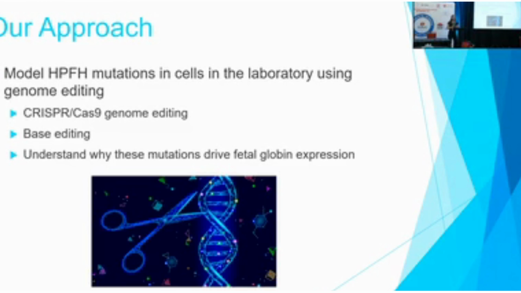We use CRISPR-Cas9 genome editing, which is a type of technology that we can use to make changes in the genome. We use base editing, which is an even newer technology that allows us to do similar types of things, so model mutations in the laboratory. We want to use this to understand why these mutations drive fetal haemoglobin expression, why they cause this reactivation of fetal haemoglobin in adult-like cells.